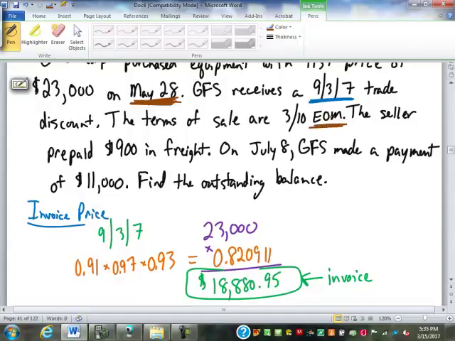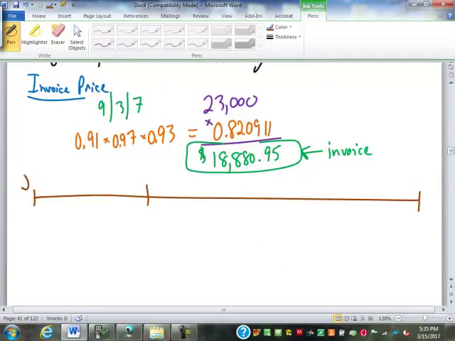EOM, which means everything gets pushed to the end of the month. So does this one get dated May 30th or May 31st? No, neither one. Because it's after the 25th, it's on the 26th or later, it gets put into the next month. So this one gets dated June 30th, the end of the June batch.